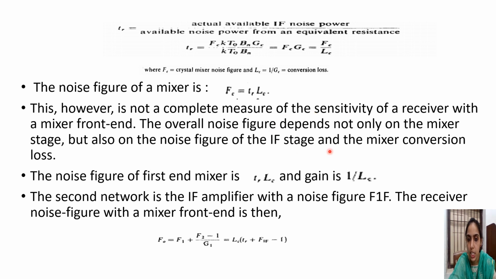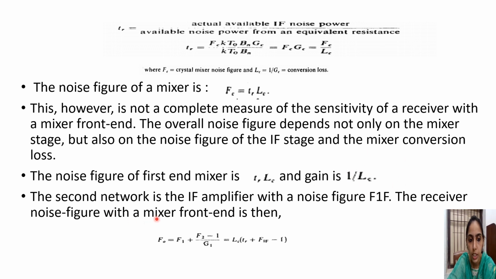So if we are considering this type of cascading, the noise figure of the first stage, the mixer, we have already written as T_R into L_C. There the gain is 1 by L_C. Then the second network which is coming in cascade, we'll consider as an IF amplifier whose noise figure is F_IF. Okay, this is the noise figure of the IF amplifier.